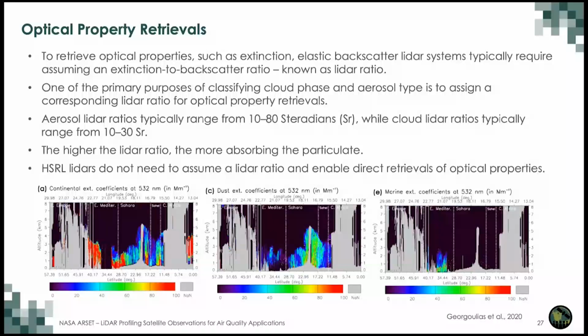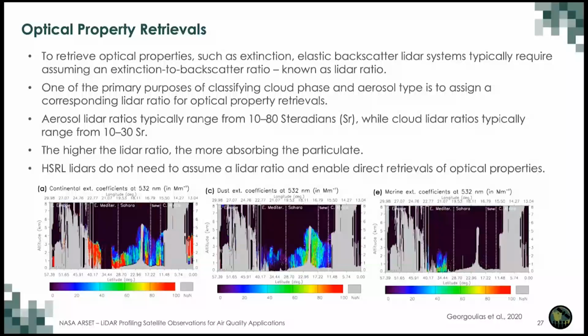Once we make that discrimination, we assign a LiDAR ratio so we can do our optical property retrievals. And these LiDAR ratios can range from 10 to 80 steradians. They're generally representative of different aerosol types.